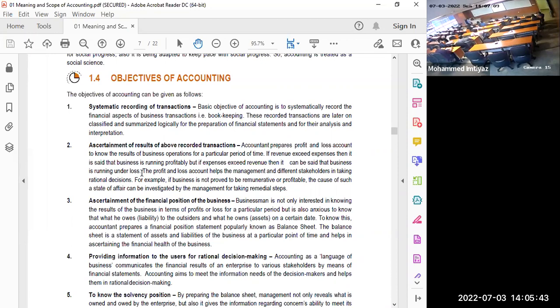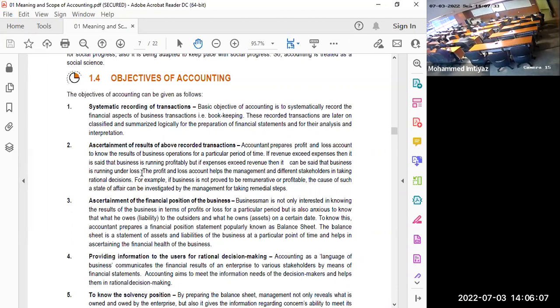Next objective is providing such information to the users of accounting information to make some decisions. Supplying accounting information is also one of the objectives of accounting, so that users can make decisions rationally. And the last one is to know the solvency position of the company.